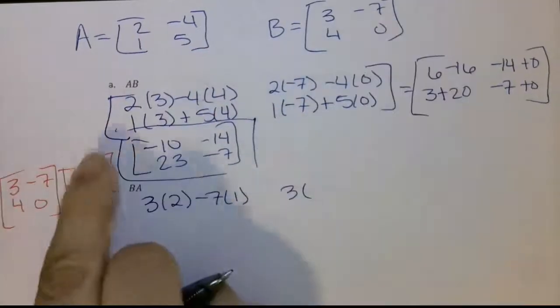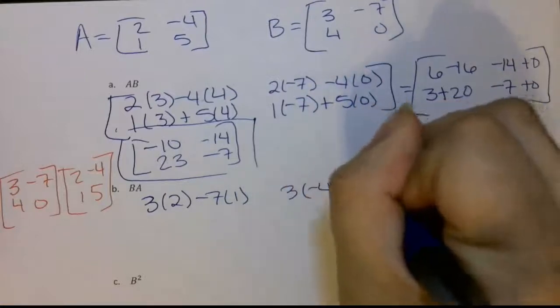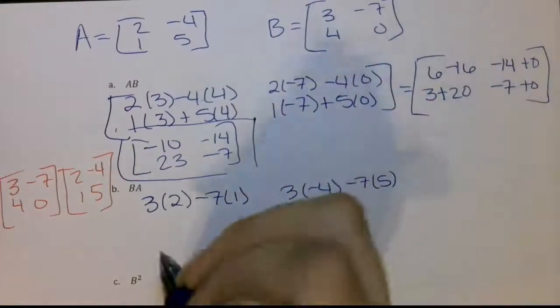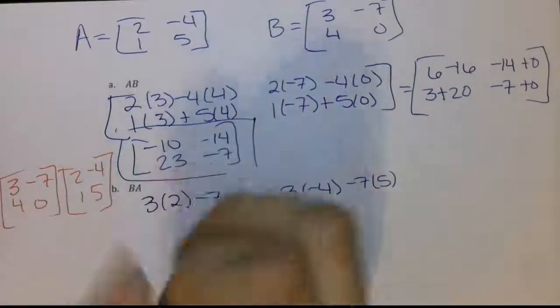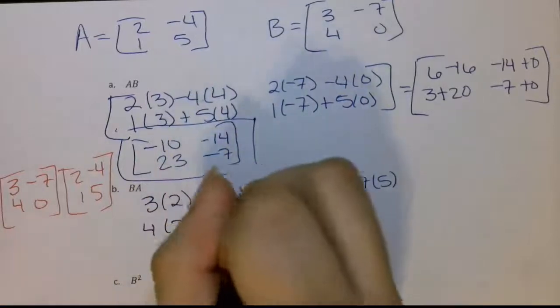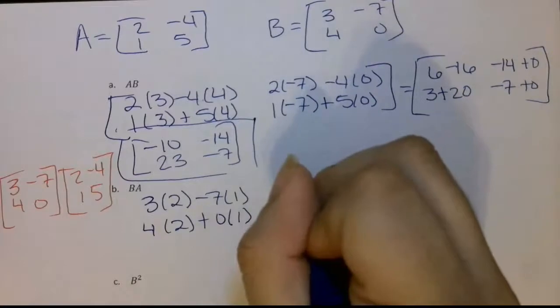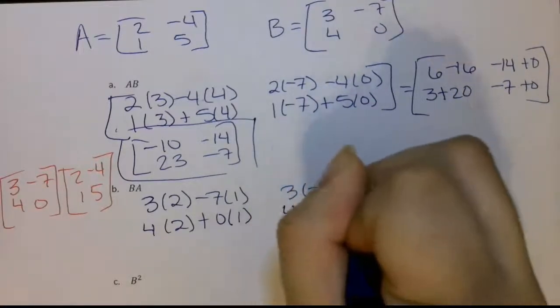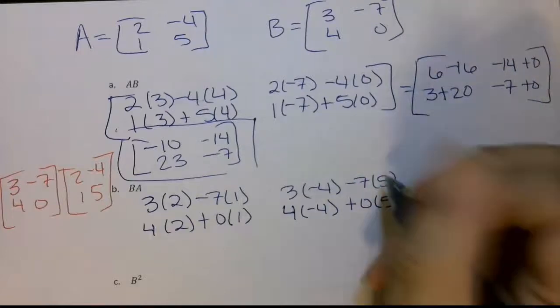Then I have 3 with this column, -4 minus 7 times 5. Then I'm doing the bottom row with these columns. I have 4 times 2 plus 0 times 1. Over here I have 4 times -4 plus 0 times 5.